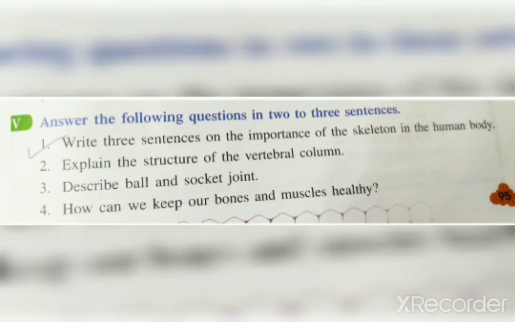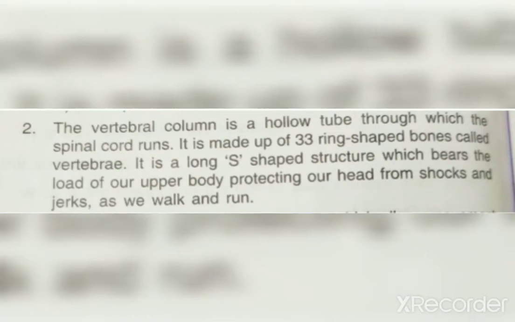Now question number 2, explain the structure of the vertebral column. And answer is, the vertebral column is a hollow tube through which the spinal cord runs. It is made up of 33 ring-shaped bones called vertebrae. It is a long S-shaped structure which bears the load of our upper body, protecting our head from shocks and jerks as we walk and run.